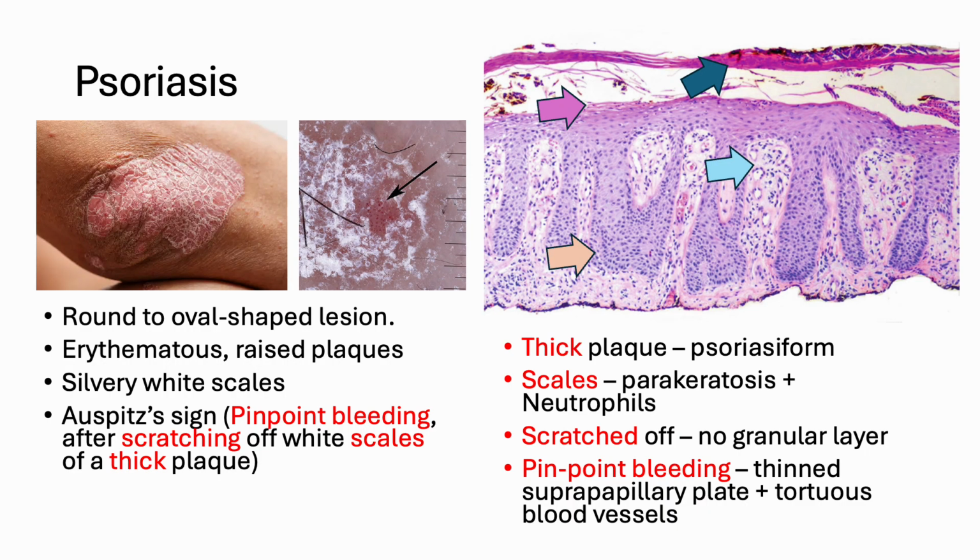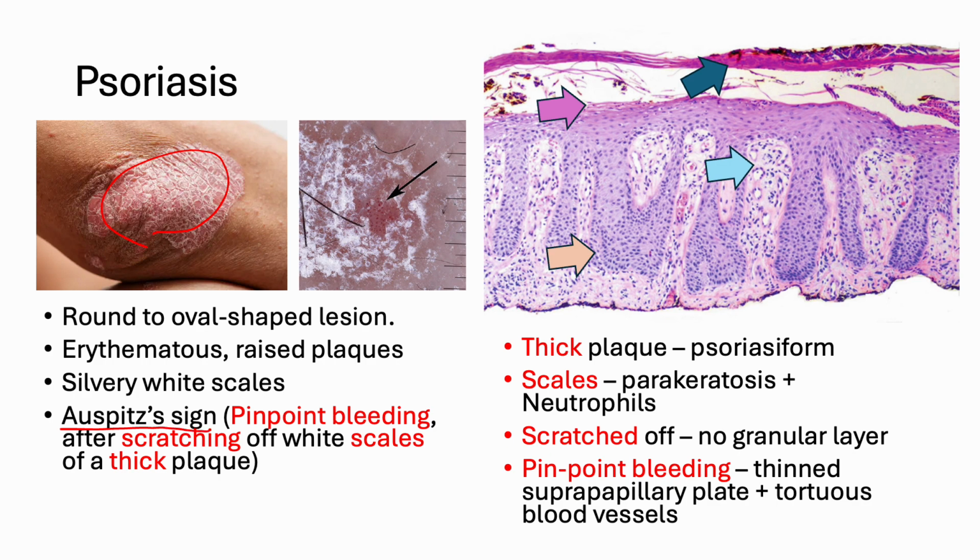The first disorder in the psoriasiform dermatitis is psoriasis. Clinically, it presents as round to oval-shaped lesions, as the picture shown here. Also, you can see there are silver white scales on top. I hope you still remember this terminology, Auspitz sign.